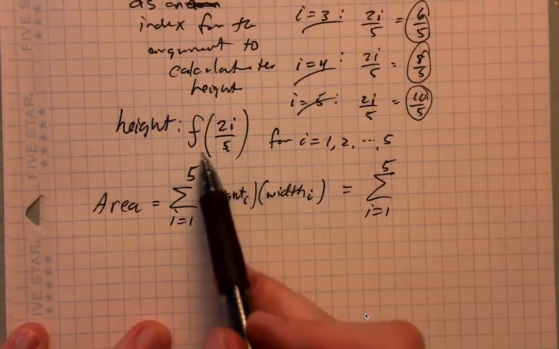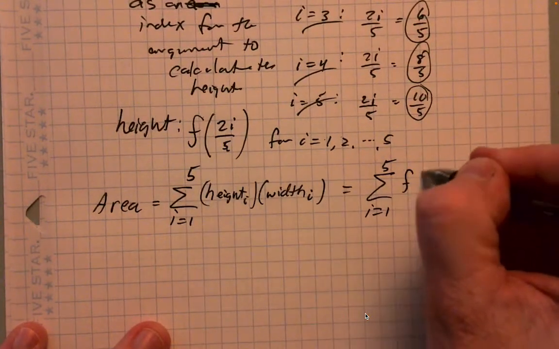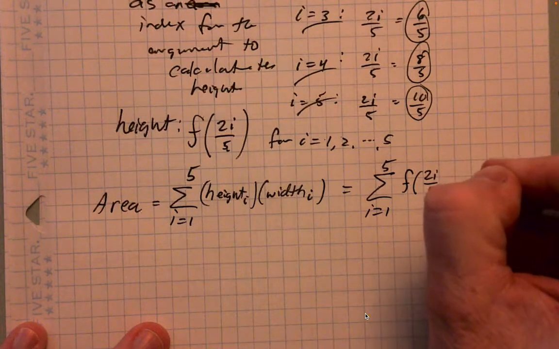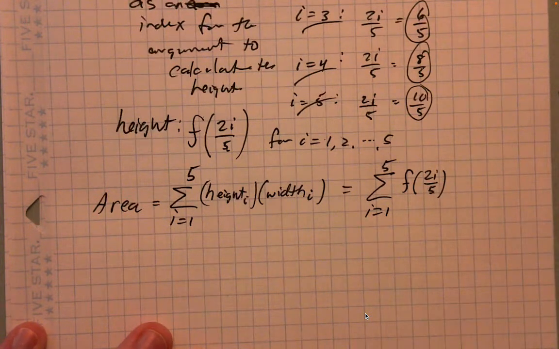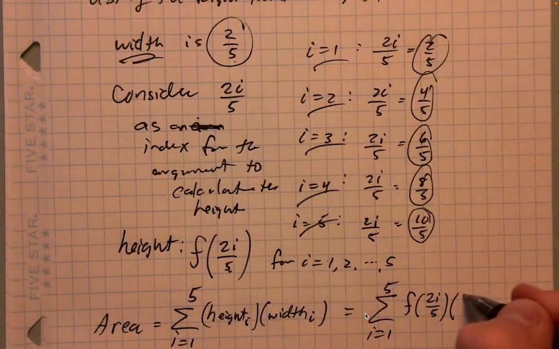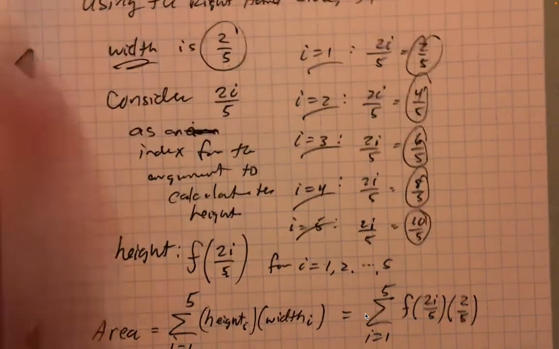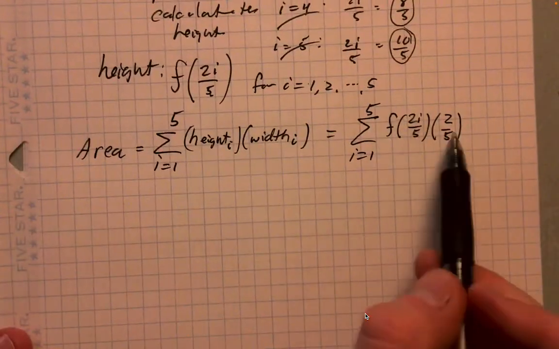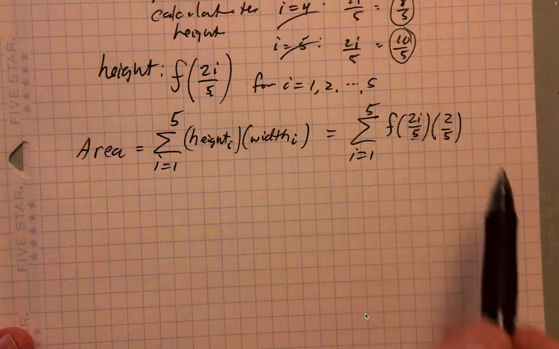Now the height is right here, so it'll be f of 2i over 5. And the width is a constant, it's always 2/5, regardless of which interval you're looking at. So this is good. We're getting somewhere.